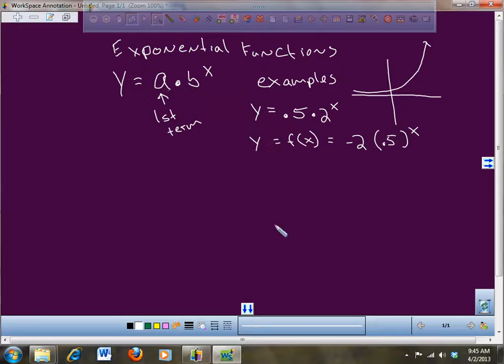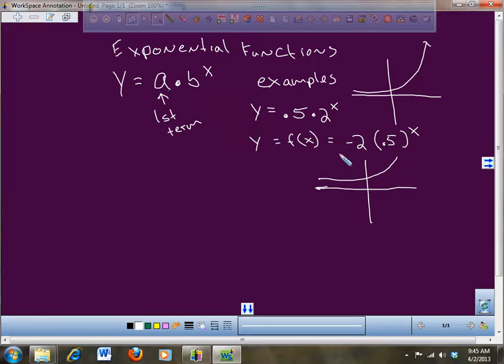And those are just examples of various exponential functions. And exponential functions look like this. This one, I believe if I graph this one, it would actually look really similar to this, because it's going the opposite direction, but it's going down this way. So I think it would look like this.